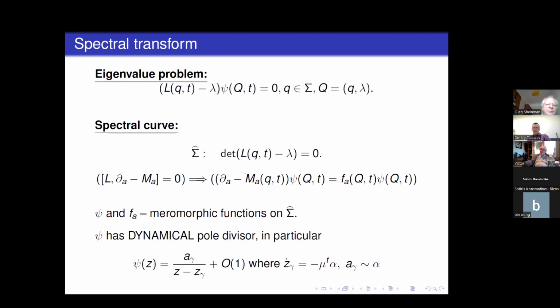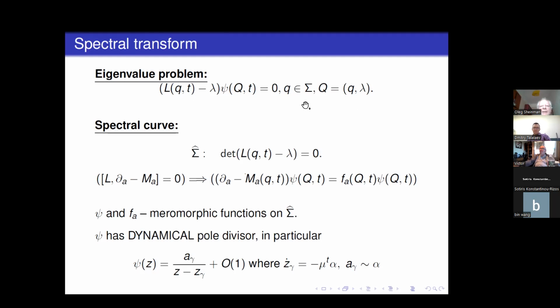Now we said the eigenvalue problem. It's quite natural. Here Q is a point of our Riemann surface. T is time. Everything else is okay.